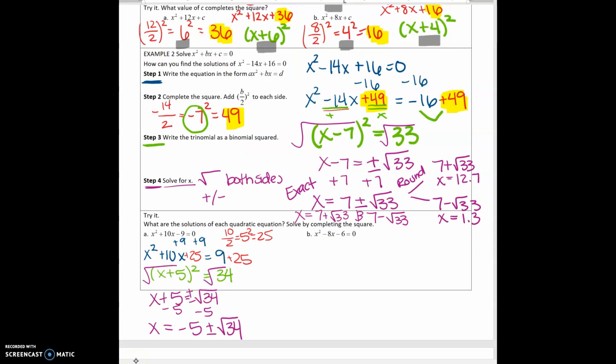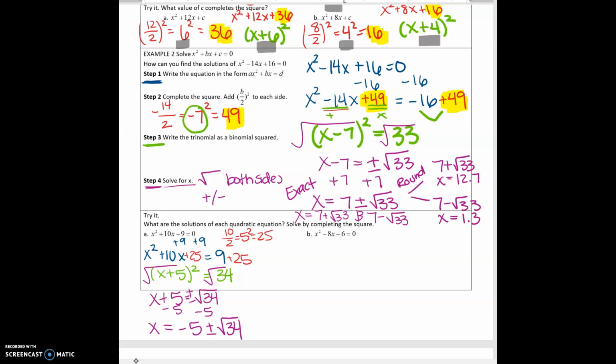Okay, so here we, step 1, get it in this form here. So add 9 to both sides. Step 2, do the b, divide by 2 squared, which is in red here. So b is 10, divide by 2, 5 squared, 25. Step 3, write in the square.